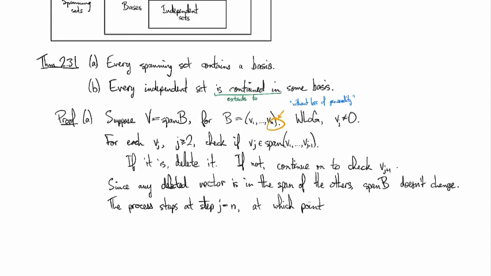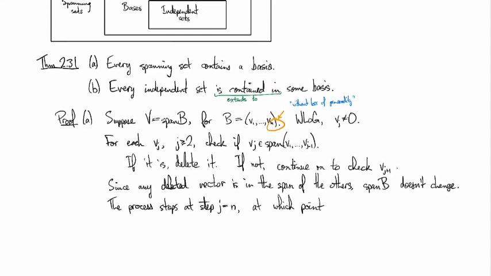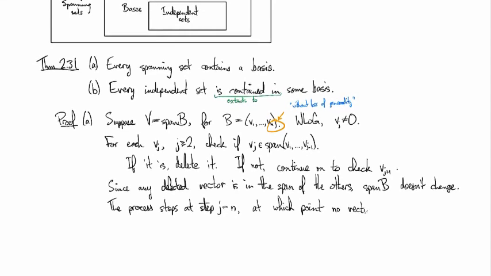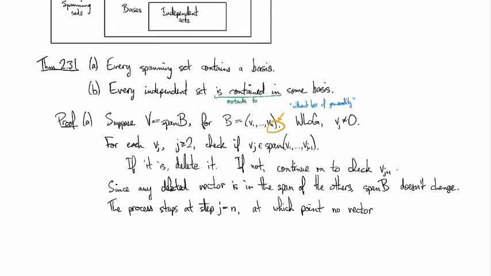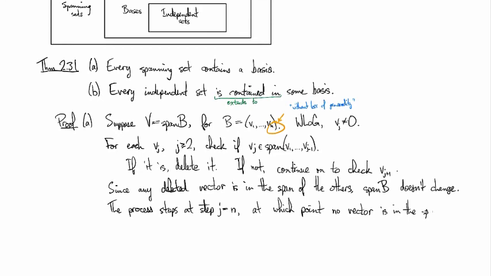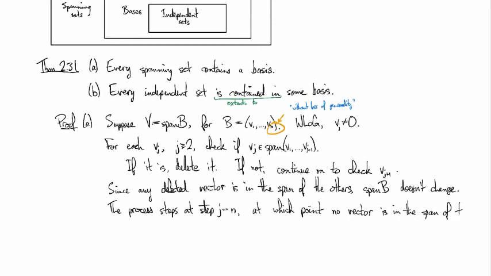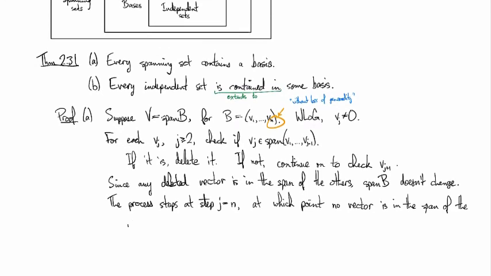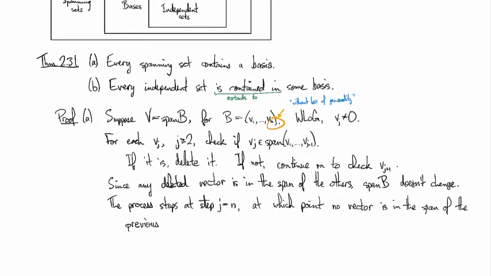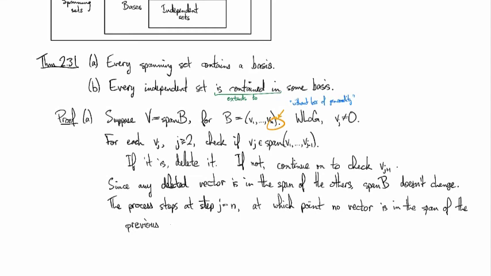And so at this point, we've constructed our list to ensure that no vector is in the span of the previous ones, by which I mean the vectors which appear before it on the list B.